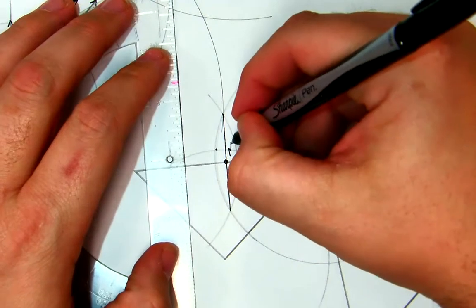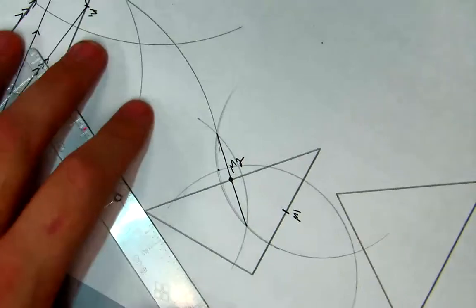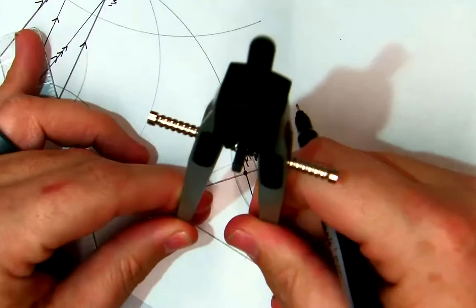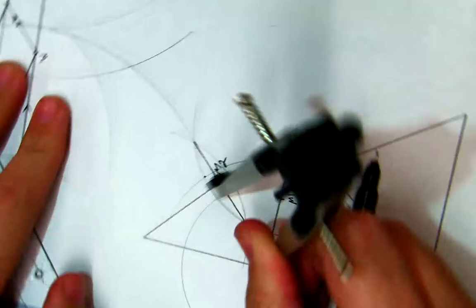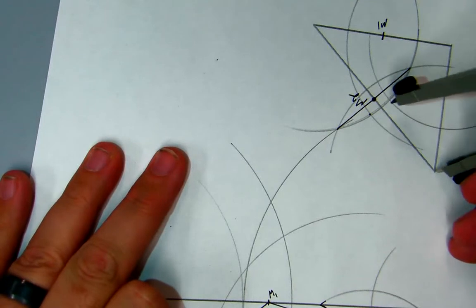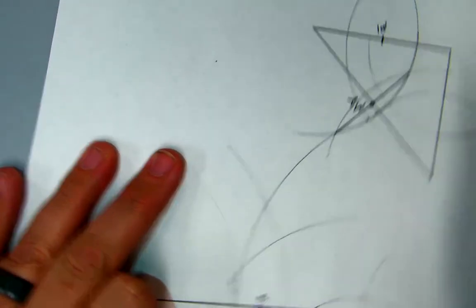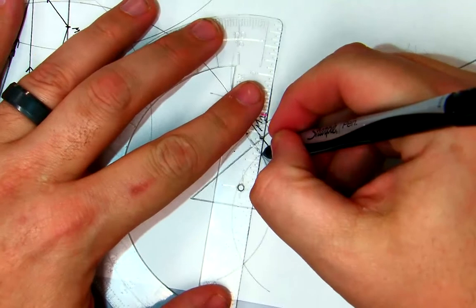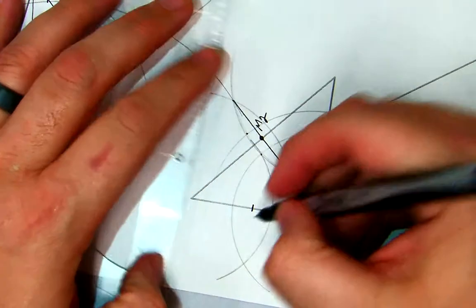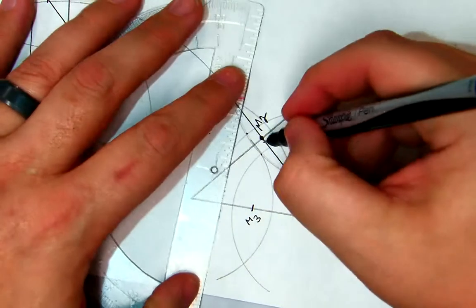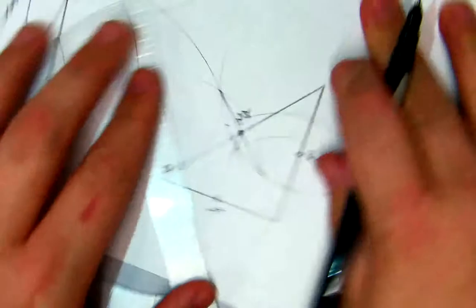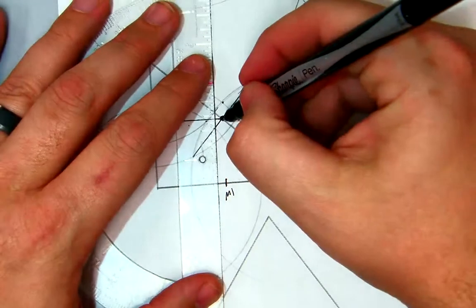There's M2. And I can find the third, close that down a little bit, the third midsegment right here. And then I will just connect these.